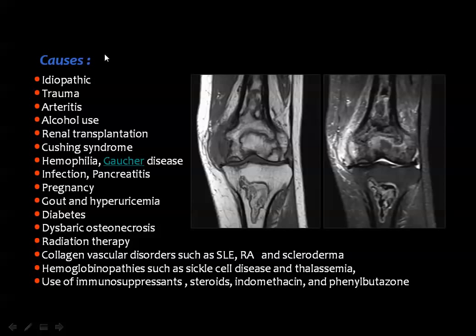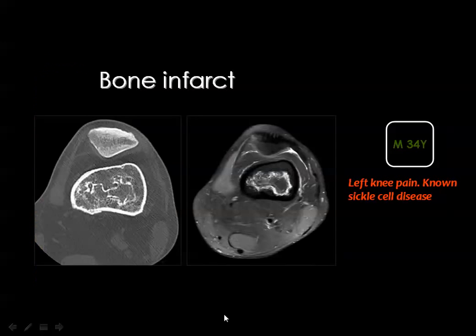Of course, you know that there are many causes for ischemic necrosis of the bone, starting from idiopathic to trauma to corticosteroids to many systemic diseases and collagen diseases, and here is the list you can look at. This is the appearance of bone infarction by CT.